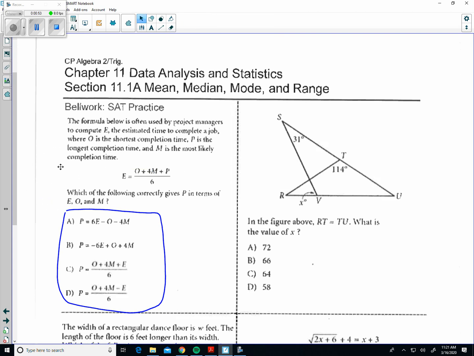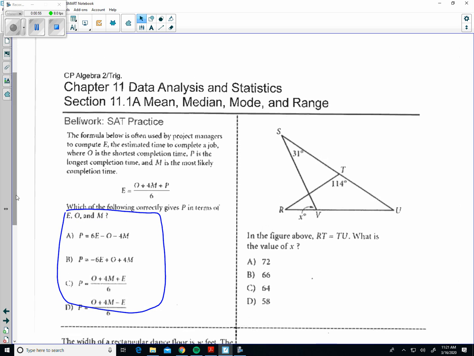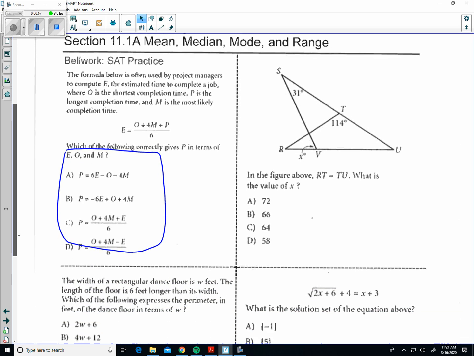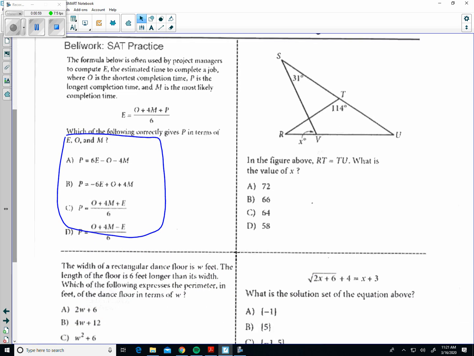So the easiest way, and hopefully the most practical way, to solve that problem would be just to use good old cross multiplication. So if we cross multiply right away, we would take the 6 and multiply it by the e and have 6e on one side of the problem.